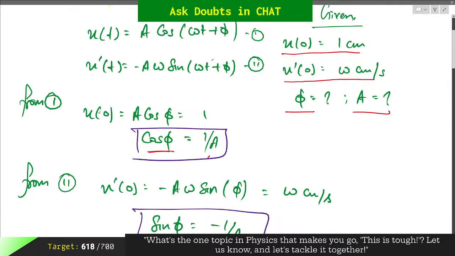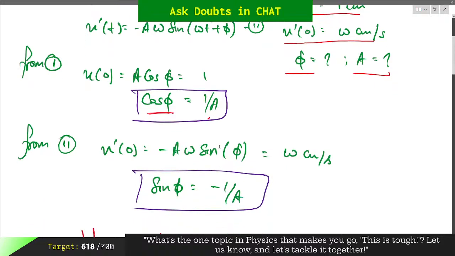So we can write x(0) = A cos φ = 1, so cos φ = 1/A, where A is the amplitude. Now when we differentiate it to find the velocity, x' at t = 0 equals ω centimeter per second, it is given. When we differentiate A cos(ωt + φ), we get −Aω sin φ.